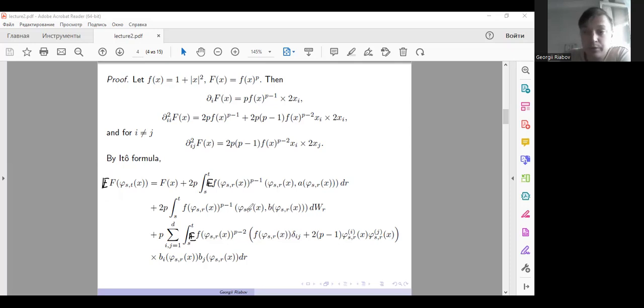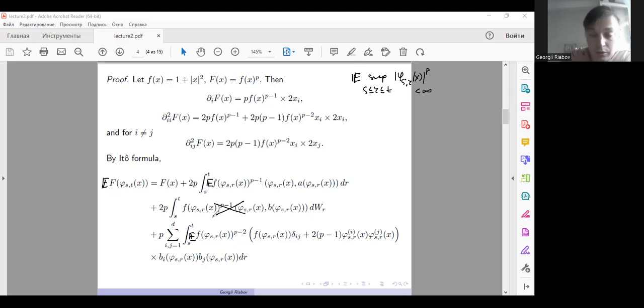It is a martingale because I recall that we constructed a solution which was integrable in all powers p. So we proved that the solution exists, and the solution is such that all such expectations are finite. So hence the stochastic integral is a martingale, and after taking expectation, it disappears.